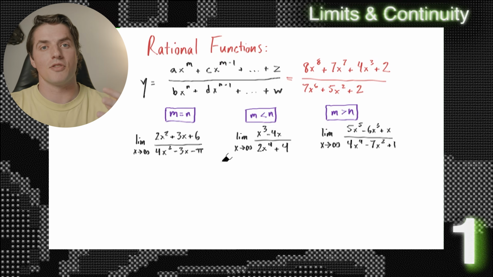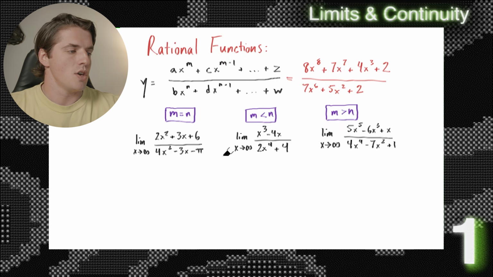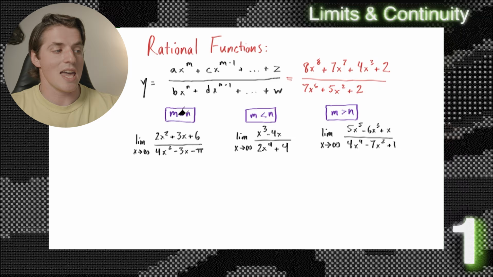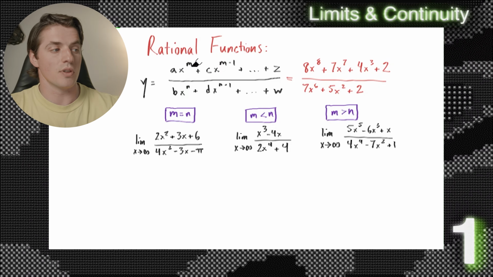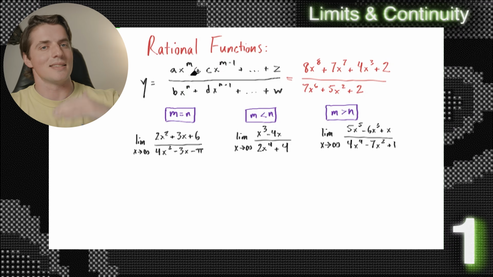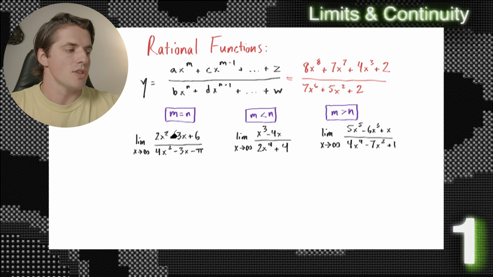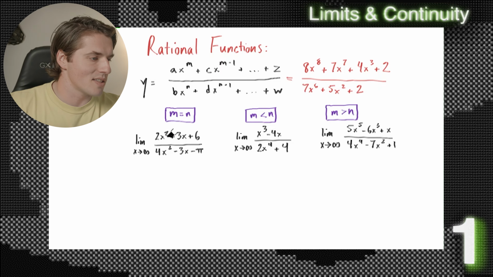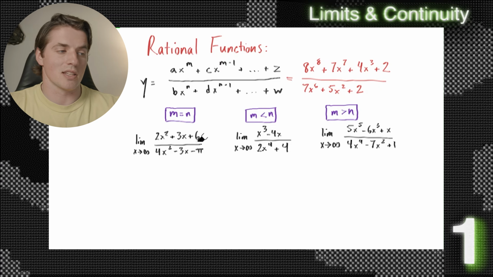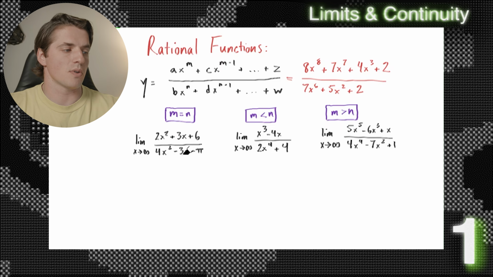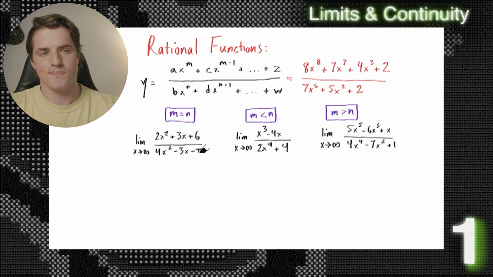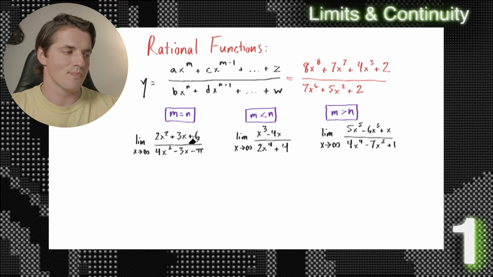Let's talk about 3 different cases we could find. First is when m is equal to n, when the degree of the numerator is the same as the denominator. So in this example, we're looking at 2x squared plus 3x plus 6 and 4x squared minus 3x minus pi. I just put the pi there to confuse you.